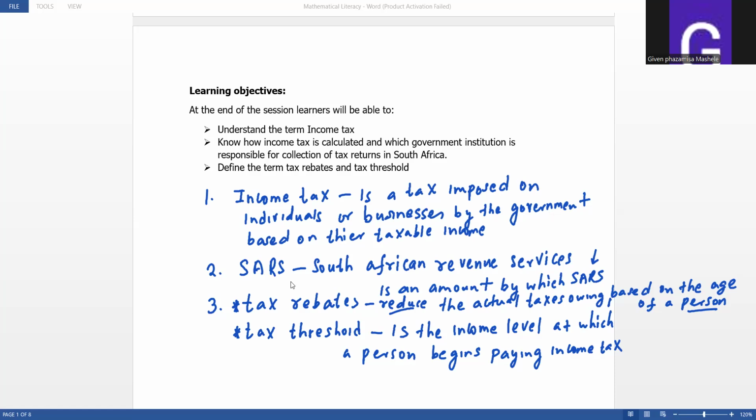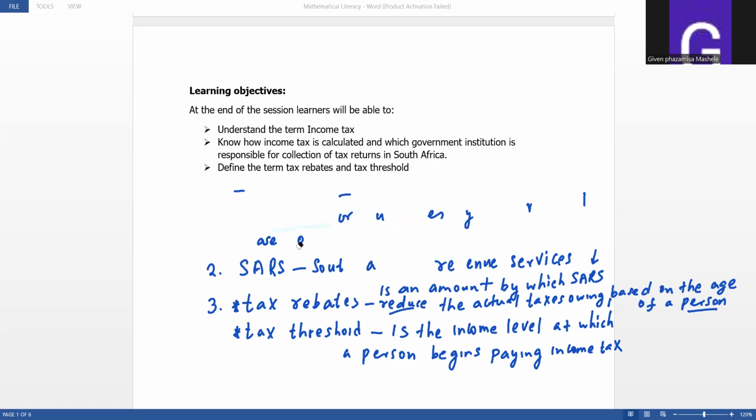Now, let us continue and talk about how one can calculate an income tax. Right. Without wasting time, let's start with the steps of calculating an income tax.